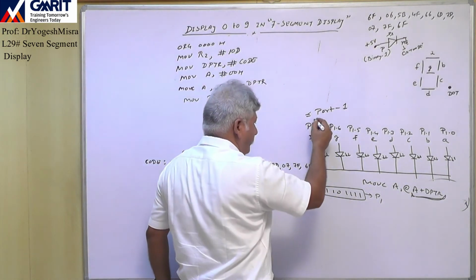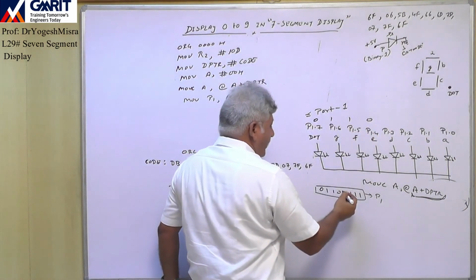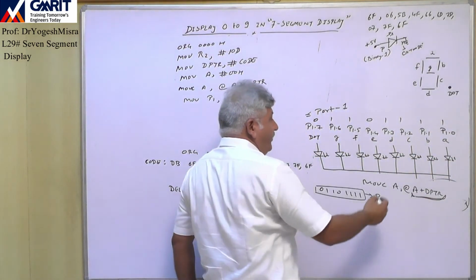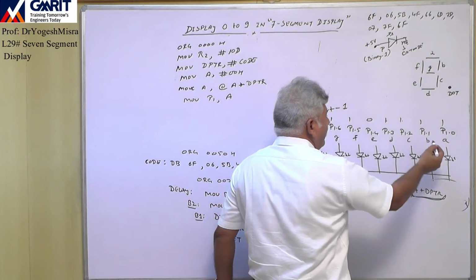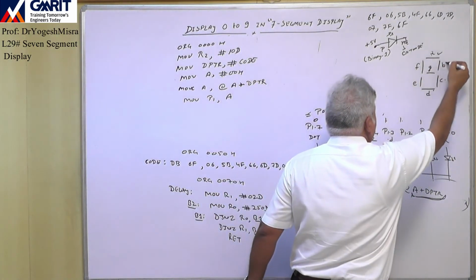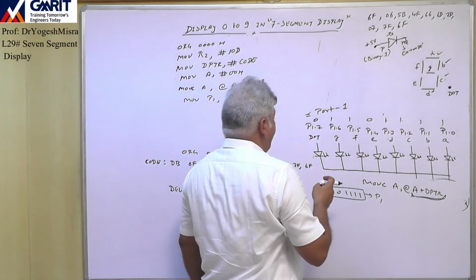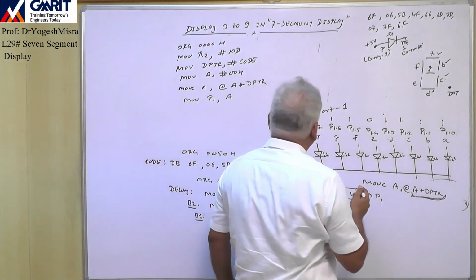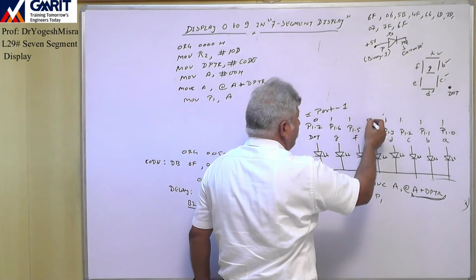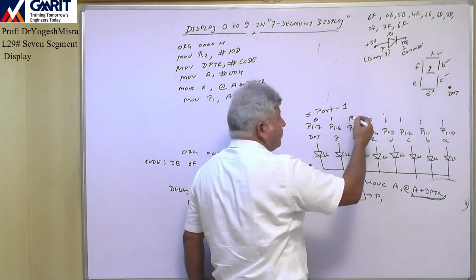In port 1 you will get 0110 0110 and 1111 1111. With this, A, B, C, D will glow, and 0110 0110 will make G and F also glow.